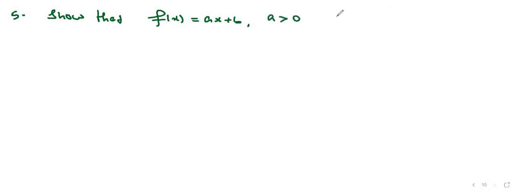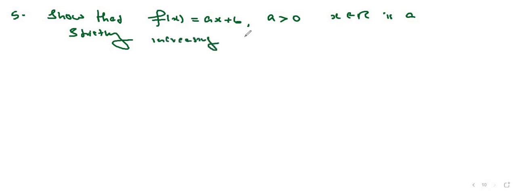Question number 5. Show that f of x is equal to ax plus b, a greater than 0 and x is an element of R, is a strictly increasing function.